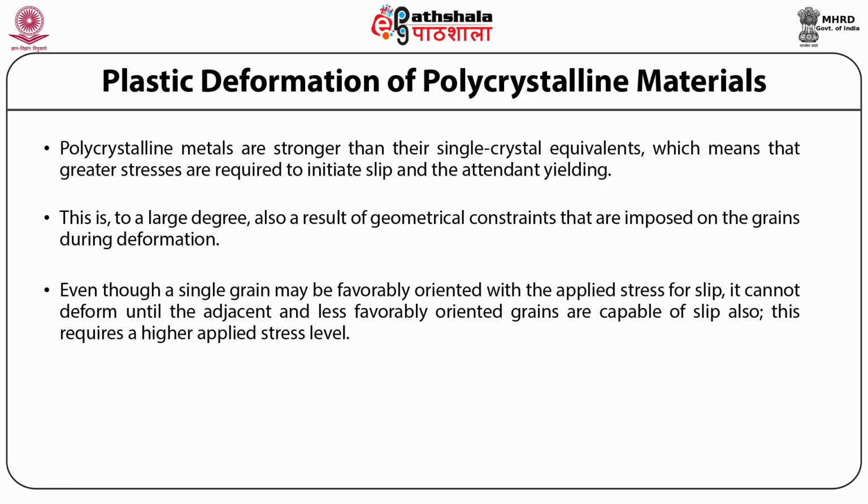Even though a single grain may be favorably oriented with the applied stress for slip, it cannot deform until the adjacent and less favorably oriented grains are capable of slip also. This requires a higher applied stress level.